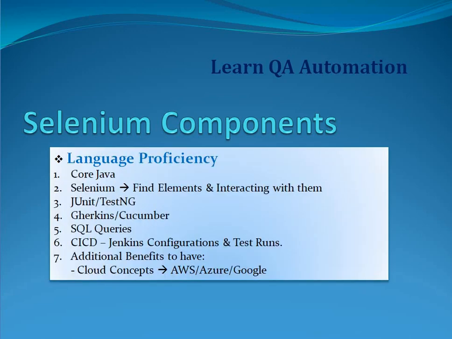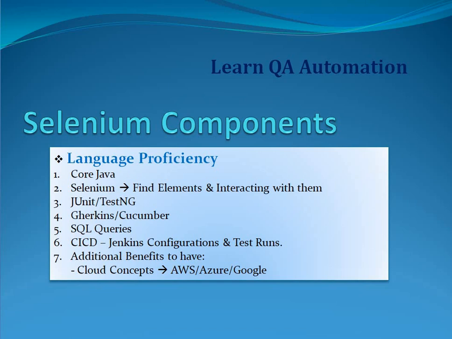So next is language proficiency. For Selenium, again, I am going to focus on Java. Obviously you need to know Java if you are using Selenium with Java. So how much Java do you need, right? It is kind of a vague question.